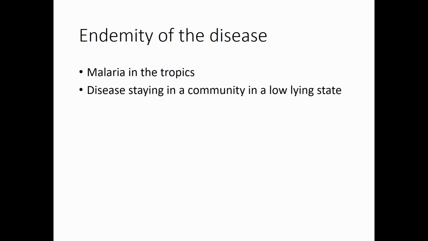It can have the infective stage where it manifests itself and kills people or causes severe harm to them. And the other stage can be a dormant stage whereby the disease stays in a community in a low-lying state.